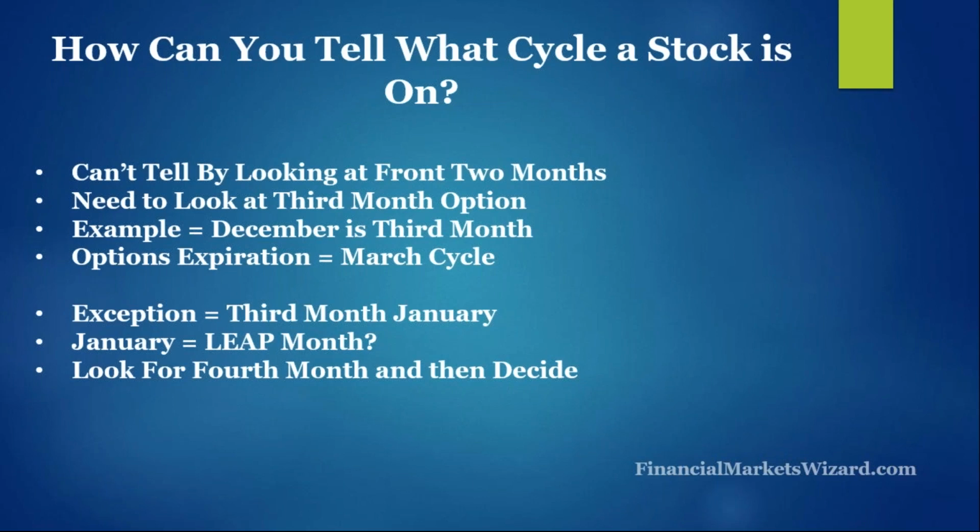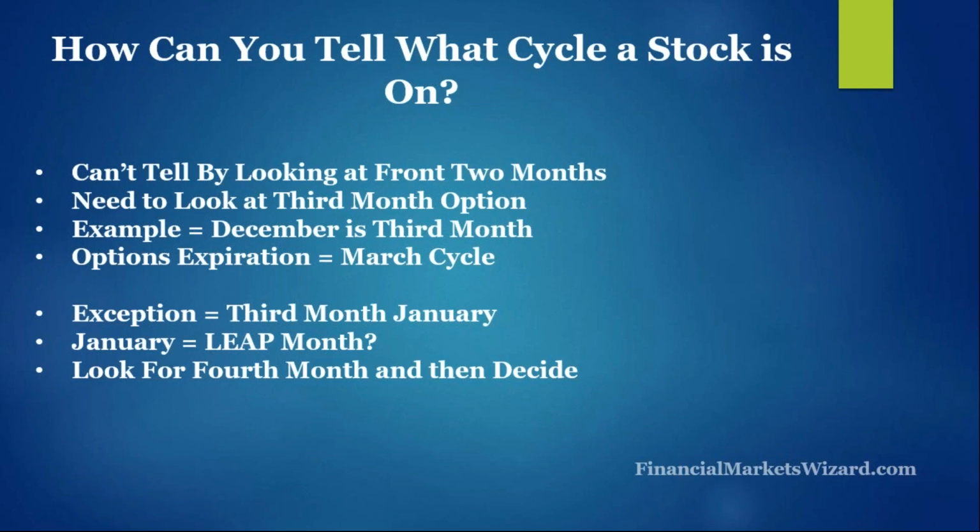So if the third month listed is January, you have to go to the fourth month to see the cycle. You can also just skip the third month always, and look at the fourth month of the option chain, and then you can easily tell what cycle the stock belongs to, because the third month has the exception of January. So if you don't want to use that kind of logic, that the third month is January so I need to go to the fourth month.